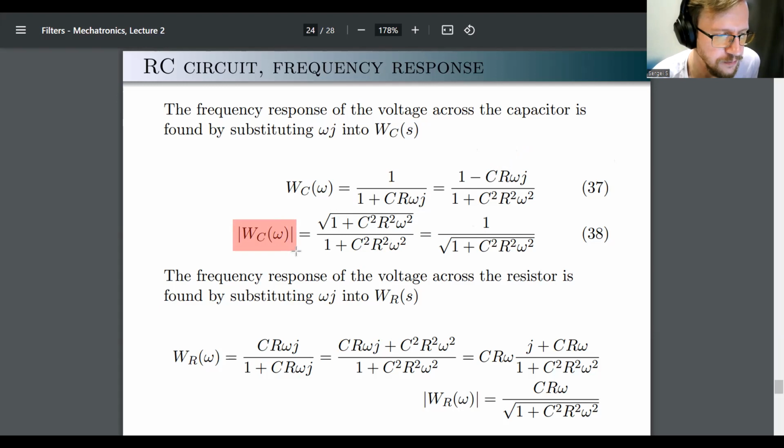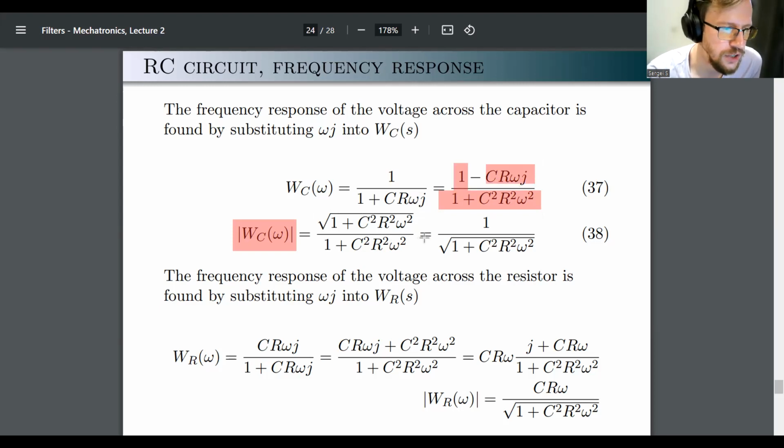Absolute value of this guy can be found as before. This we can get out of the bracket because it's going to be squared and then taking the square root of it. It's positive, so we just need to find square of this plus square of that, square root.